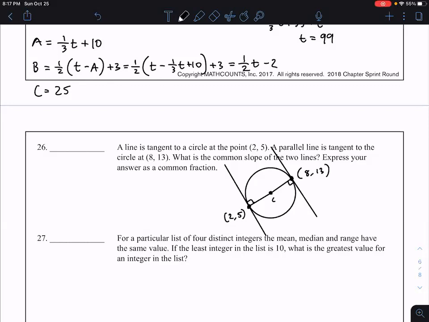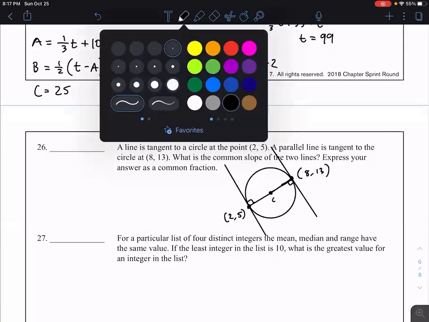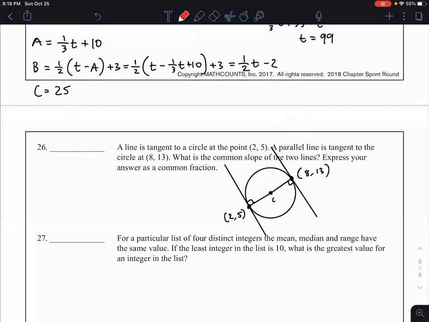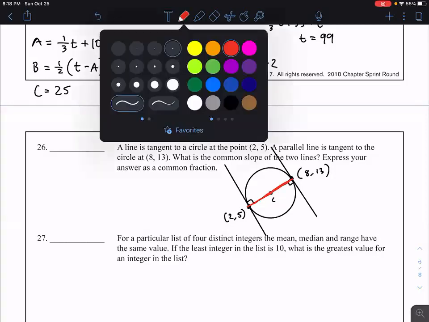And now you know that these two radiuses, let me switch colors, these two radiuses connect together to form a single line, a line that crosses through the center. So basically it's the diameter.